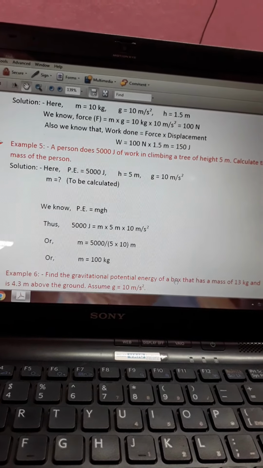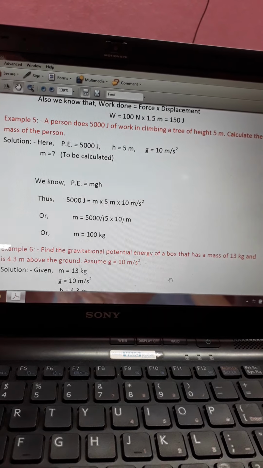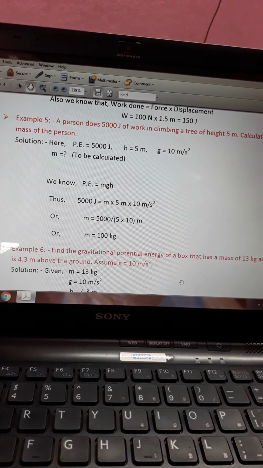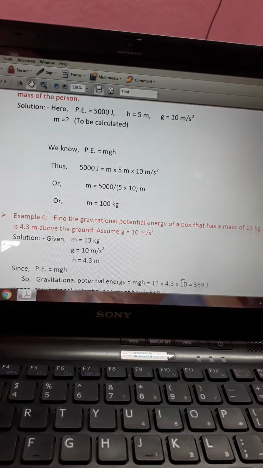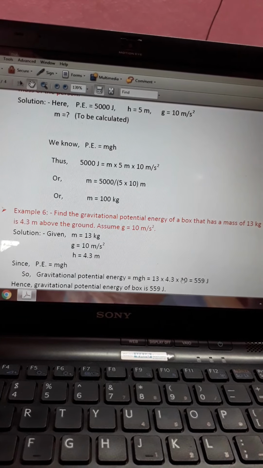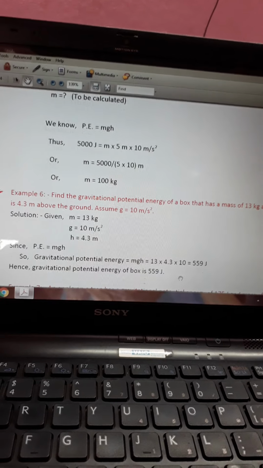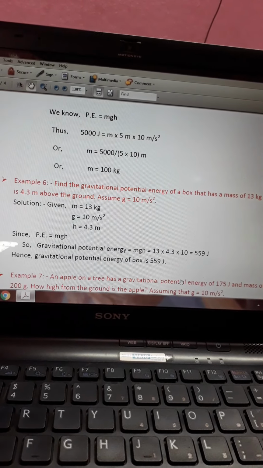Okay, number 6. Find the gravitational potential energy of a box that has a mass of 13 kg and is 4.3 meter above the ground. Assume g is equal to 10 meter per second square. So mass is given, g is given, h is given. We know the expression, gravitational potential energy equals to mgh, and we put those values and simplify it.